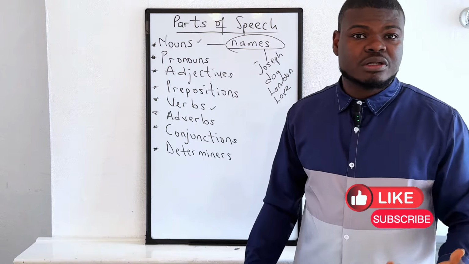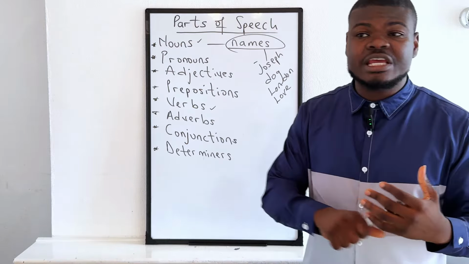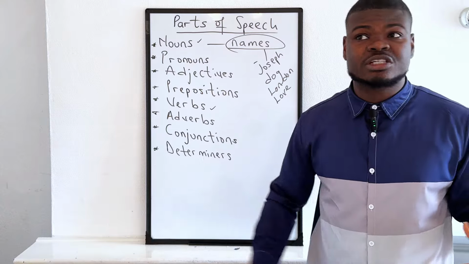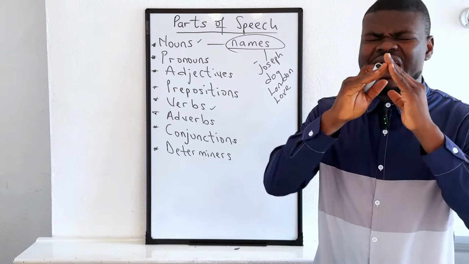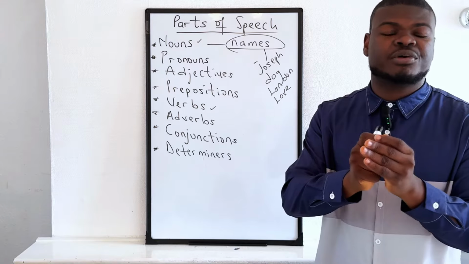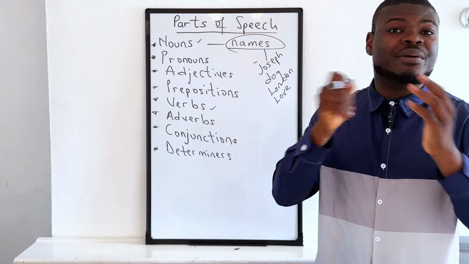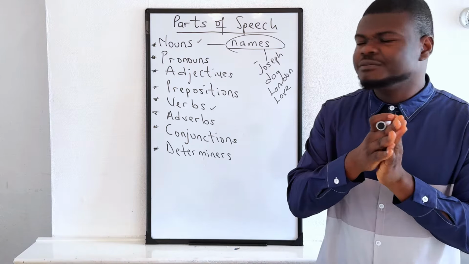Hope, that is a noun, as long as it's got a name. So it doesn't matter whether you can see or touch it. It could be concrete, it could be abstract. As long as it is the name of any person, any idea, any opinion, it is a noun. Is that simple enough?